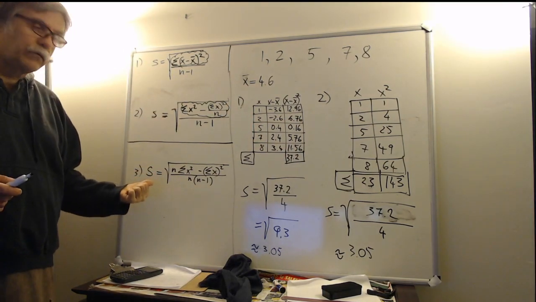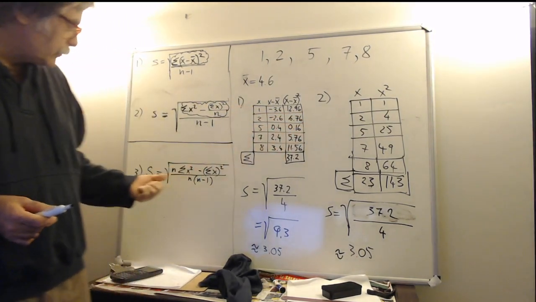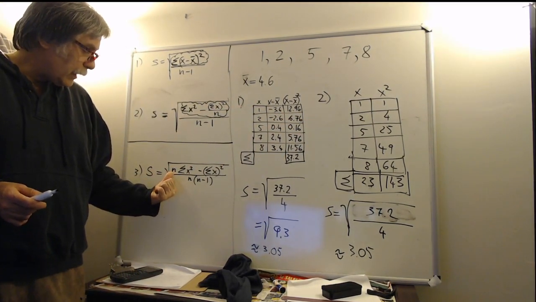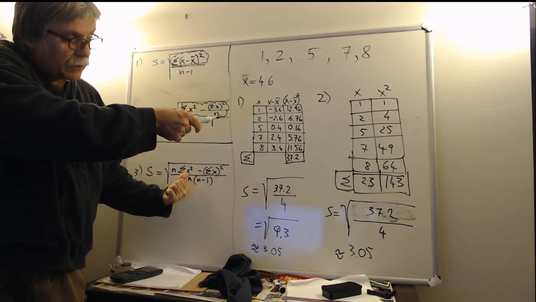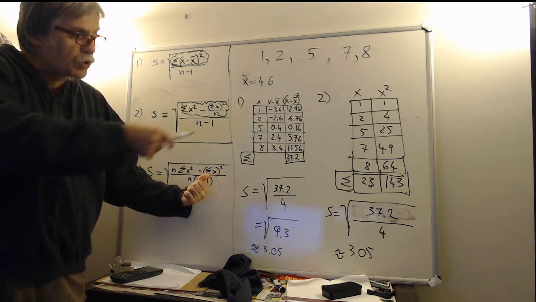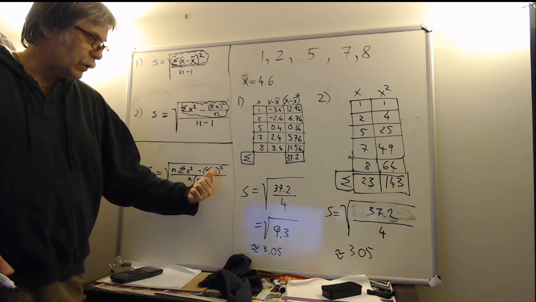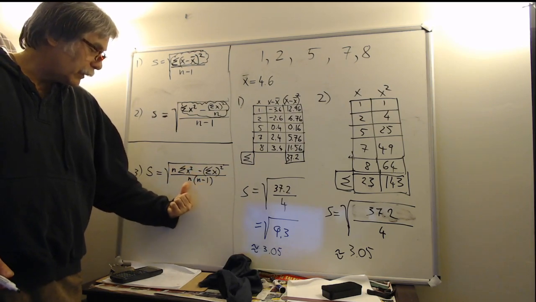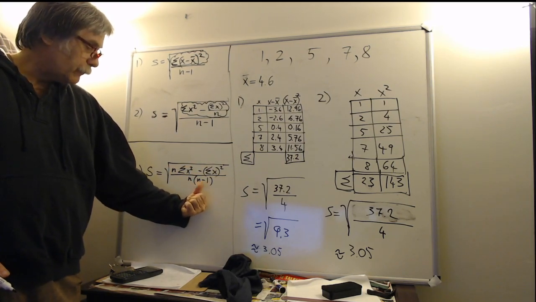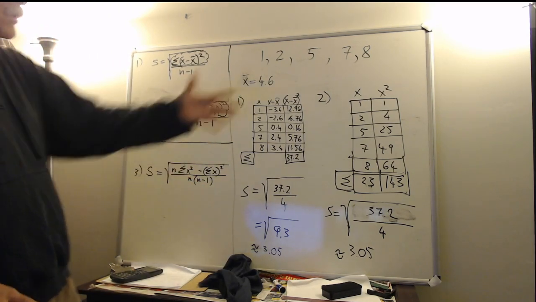You can also use this formula with the same table. What you need here is 5, sum of x squares, 143. What you have here is the sum of x's, which is 23. Then you have to square it. It's again 529. So you can use this formula as well. Down there you have 5 and 5 minus 1, which is 4. So if you use this formula, it's basically the same table.